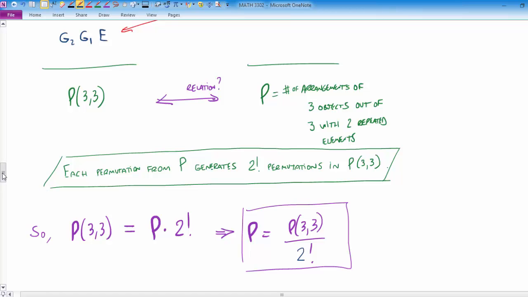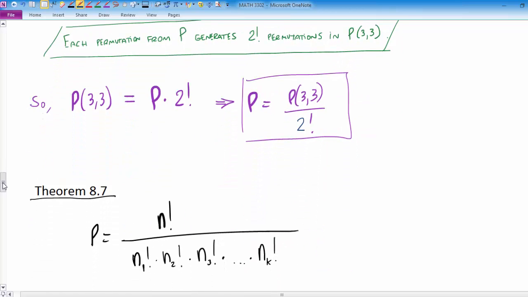And we can actually extend this to any number of letters that are repeated or objects that are repeated. This is theorem 8.7 in the textbook.